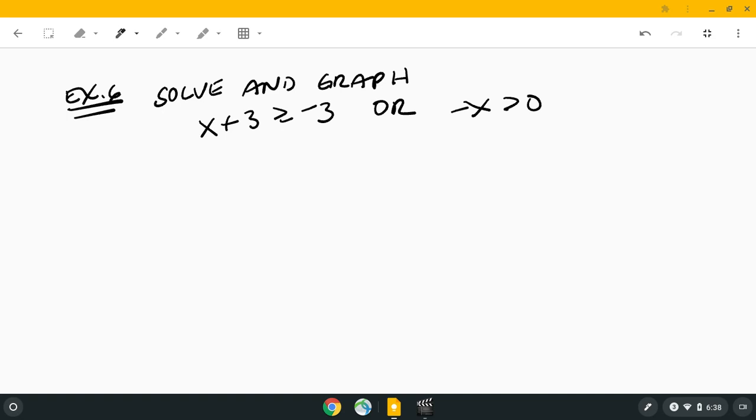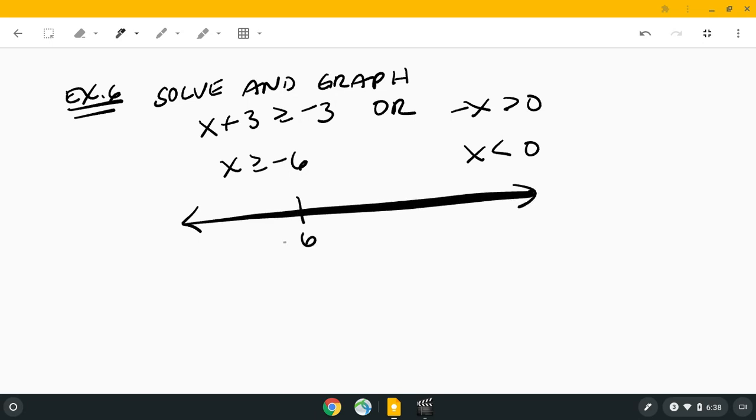Solving this inequality first, subtract 3 on both sides, and you get -6. This one, divide both sides by negative, so we have to flip the inequality, and we still get 0. So let's graph each one.